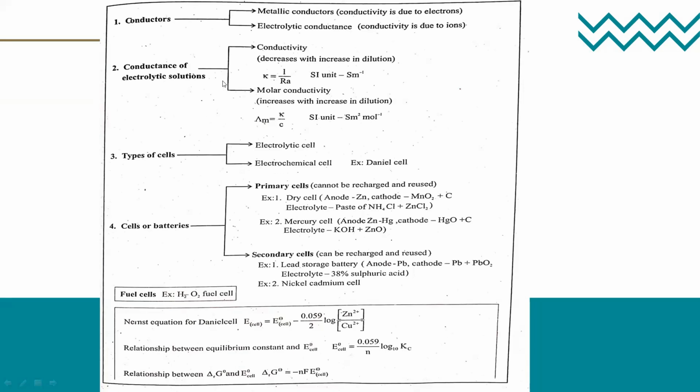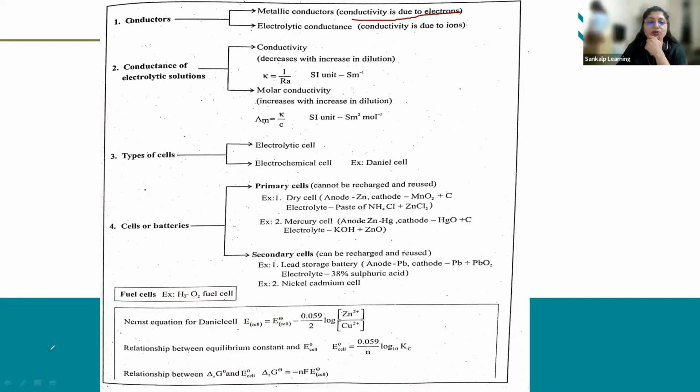Here the conduction is due to the movement of electrons. Remember, in metallic conductance, the conductivity is due to electrons. And electrolytic conductance, what do you mean by electrolytic conductance?